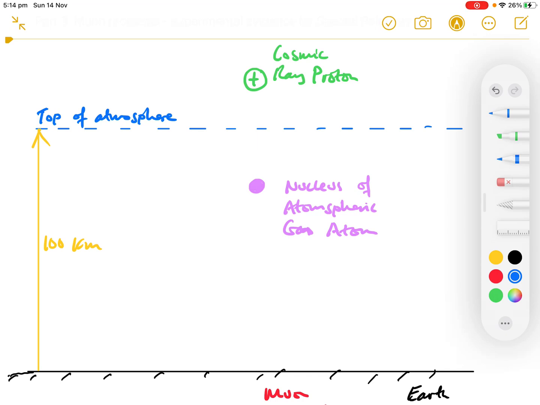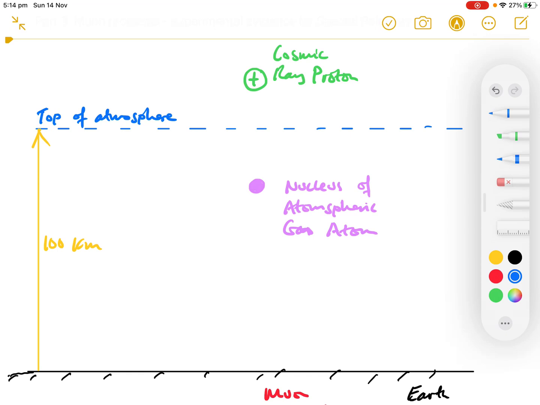So the scenario is that the atmosphere is constantly bombarded by what are called cosmic rays, which are streams of particles that come from space. They have their origin in stars and in other places. They consist of a whole range of particles, but a very common particle is a proton flying at very high speed.